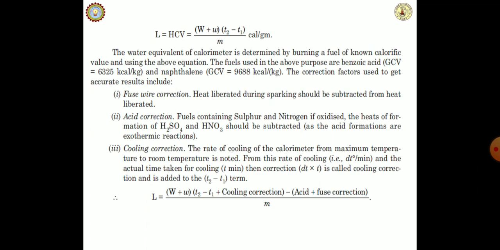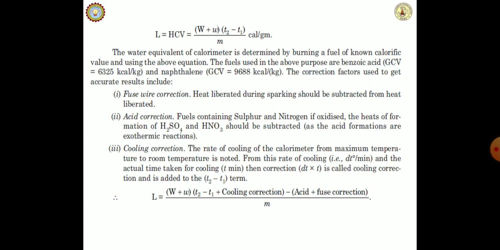The second one is the acid correction. If the fuel sample contains sulfur and nitrogen, they are oxidized and form sulfuric acid as well as nitric acid.